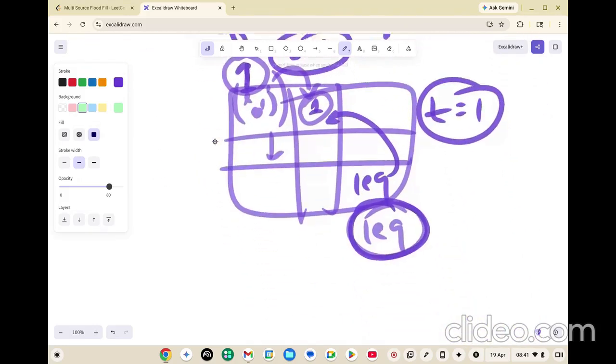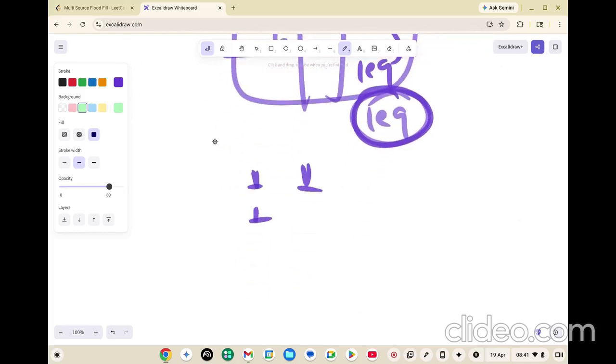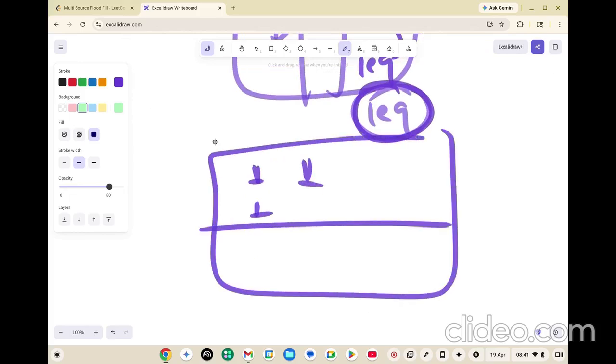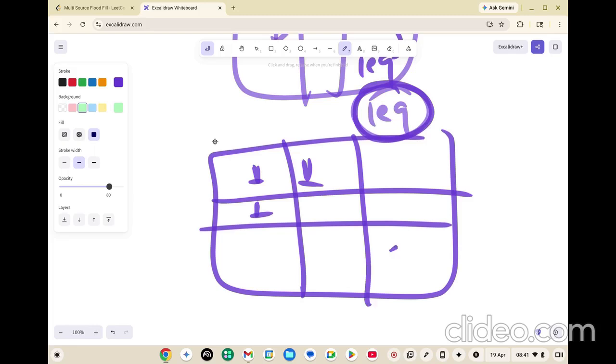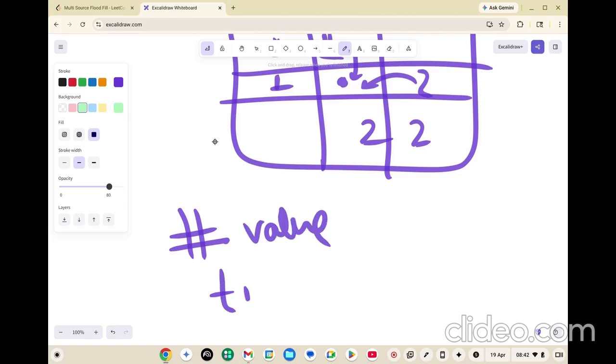But what happens if both have the same time, like we saw when the condition was something like this? The cell was 1 1 1, and there was 2 2 2. Now see, for this cell, both come at the same time. Then what is the second thing which should be your consideration? It should be the value, right? So first, time is greater than value, right?